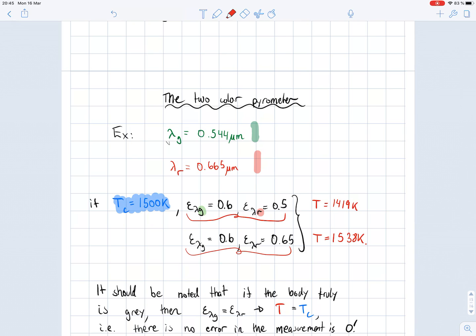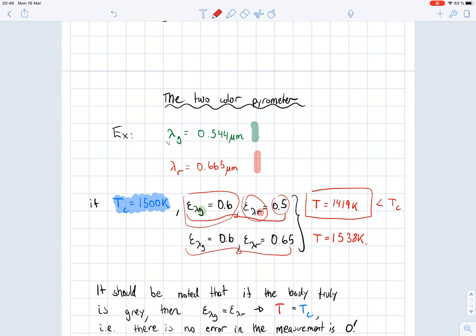So if we have a spectral emissivity for red light which is smaller than that we have for green light, the true temperature would be 1419 Kelvin, which is smaller than what we measure from the pyrometer.